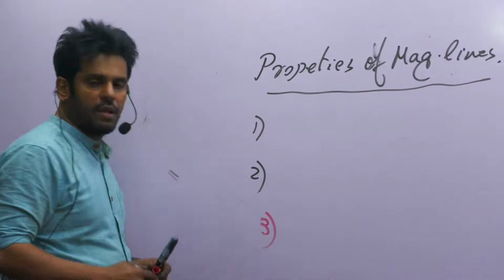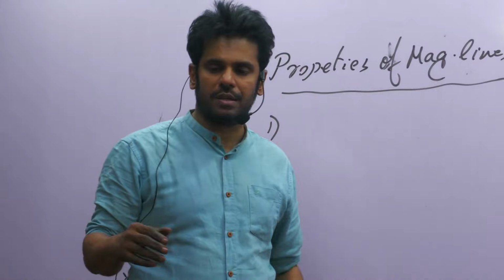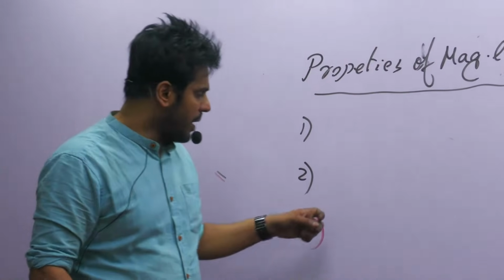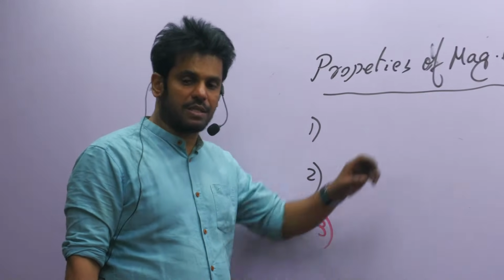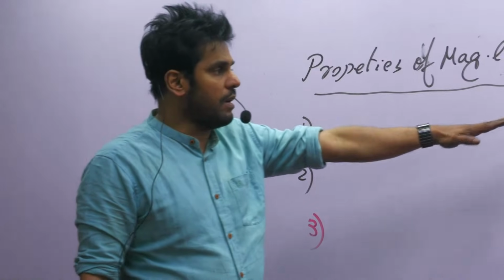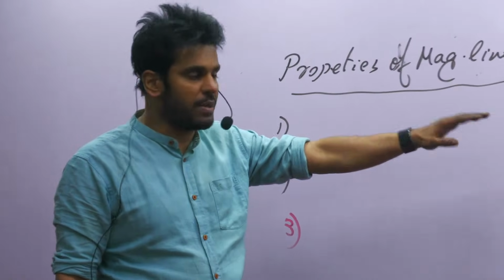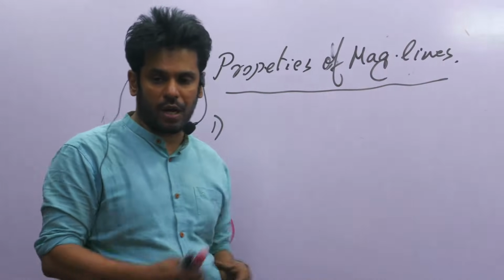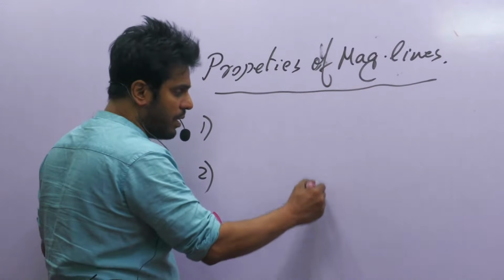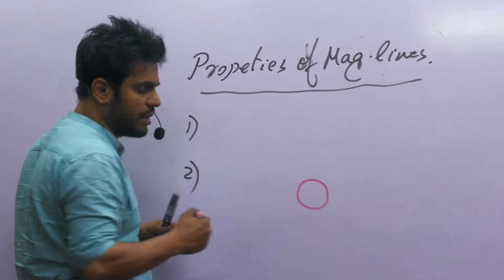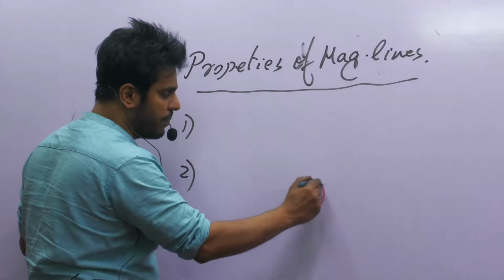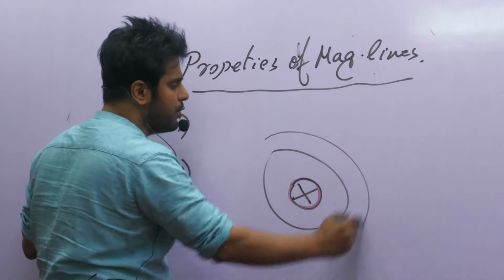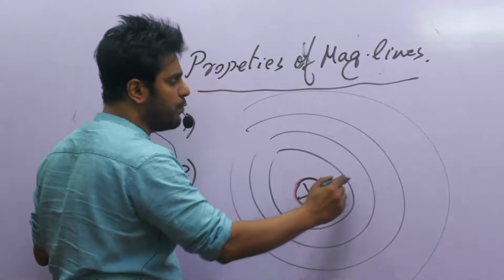Now, the third one. Similarly in electric fields and gravitational fields, the magnetic line due to the current exists up to infinity. I mean that the magnetic field due to the current becomes zero at infinity. For example, assume this is the given current. When you draw the magnetic lines here, you can draw them up to infinity.